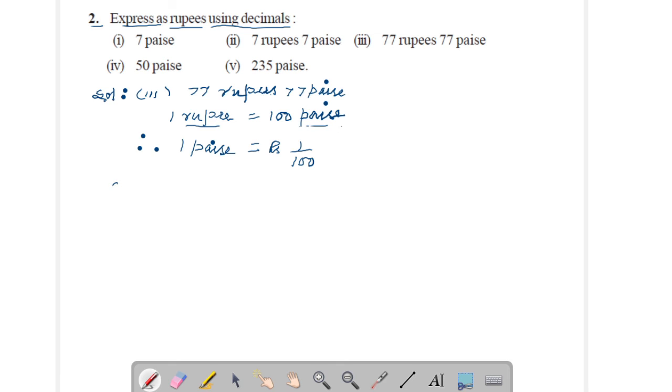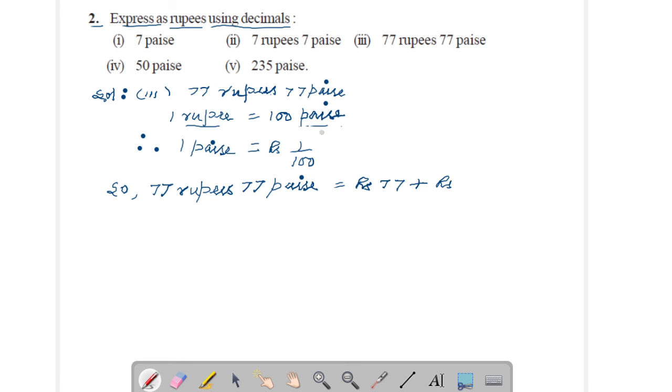So 77 rupees 77 paise can be written as rupees 77 plus rupees 77 paisa. Convert it into rupees.